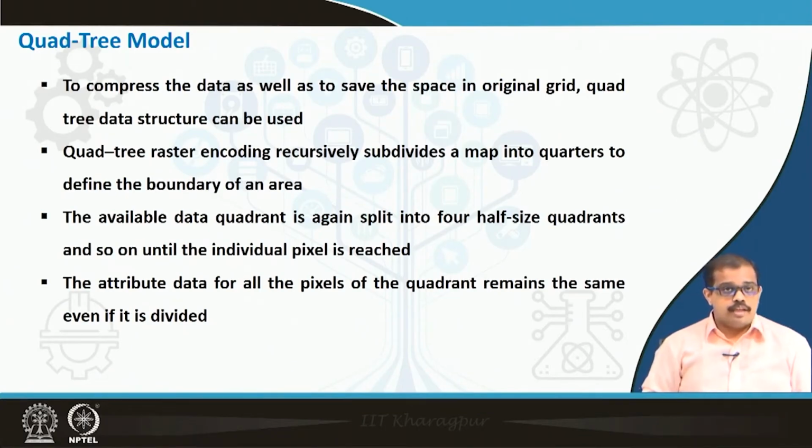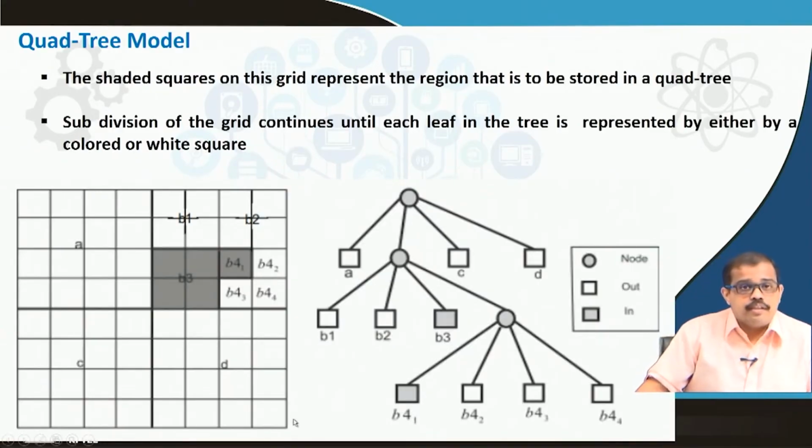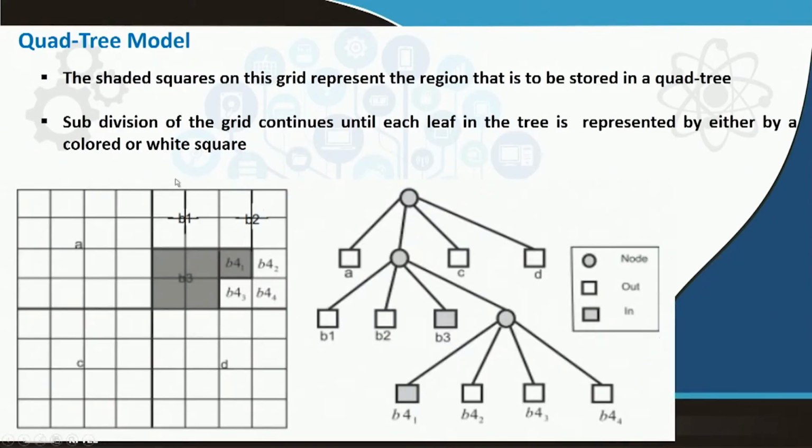For example, if this is the entire image that we have considered, I am representing this image in terms of a quad tree raster data model. First, it divides it into 4 equal quadrants, that is A, B, C and D. Now you have 4 different quadrants.